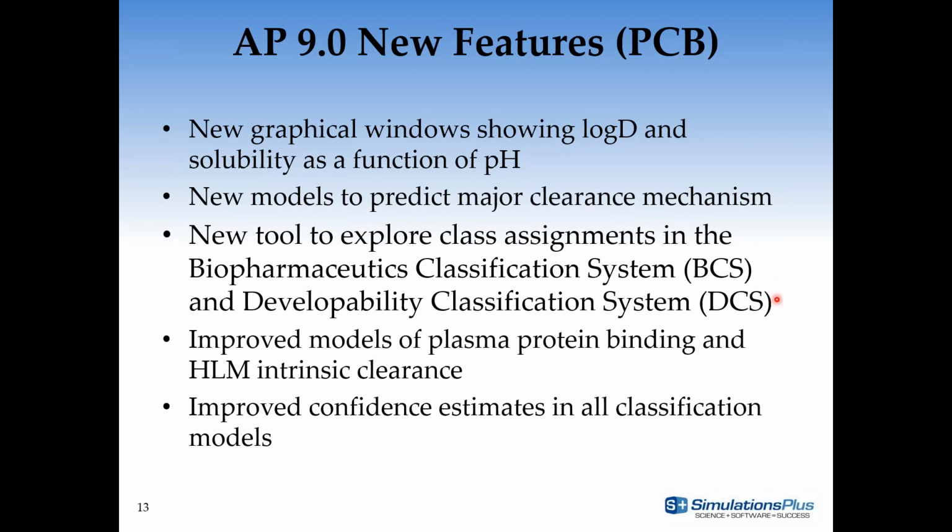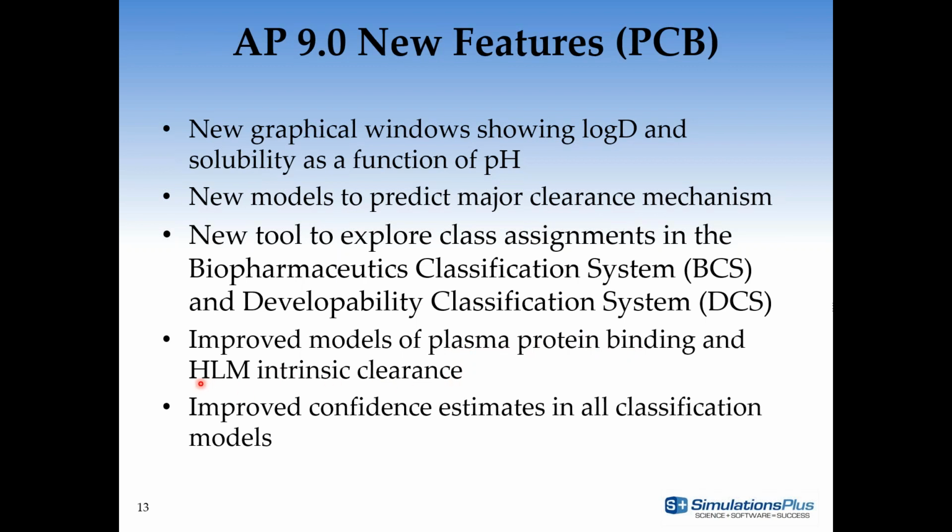I have a couple of slides to talk a little bit more about this in a second. We have spent some time improving some of the models. Two in particular are the plasma protein binding model for human, as well as the human liver microsome intrinsic clearance model. I hope I didn't get that wrong.